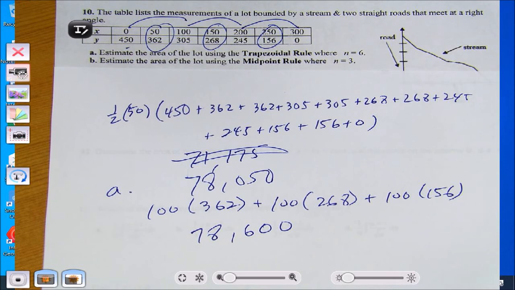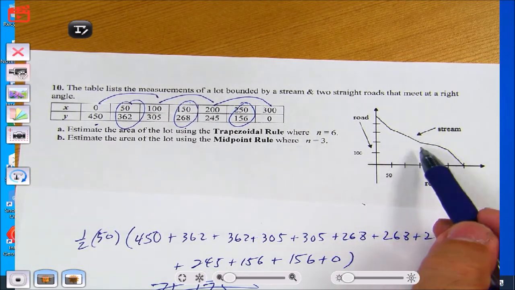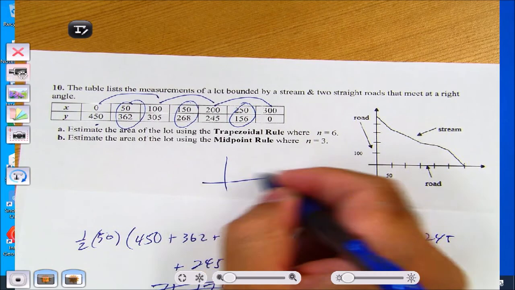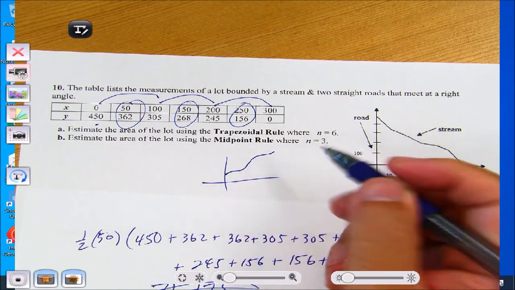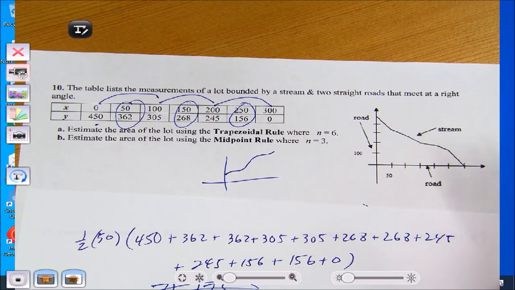But will that take an estimation? It will be an estimation. You can't help it. If they don't give you anything else, it'll have to be an estimation. And it won't even be straight like this. It'll be a curve, and they'll give you nothing to work with. That's why the trapezoid rule is available.